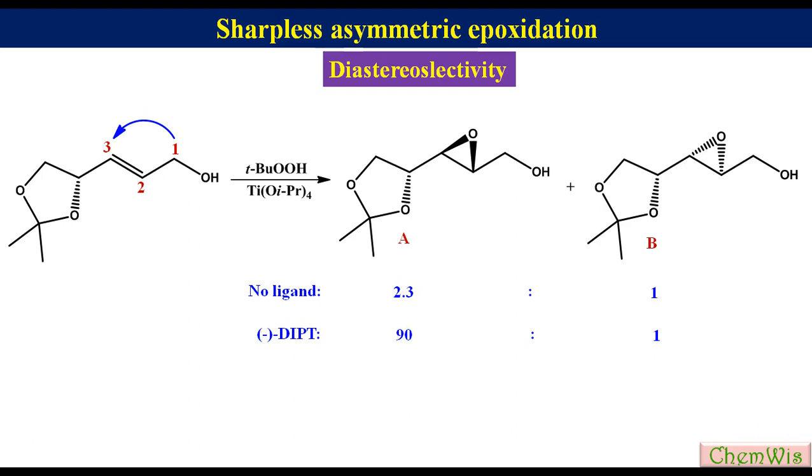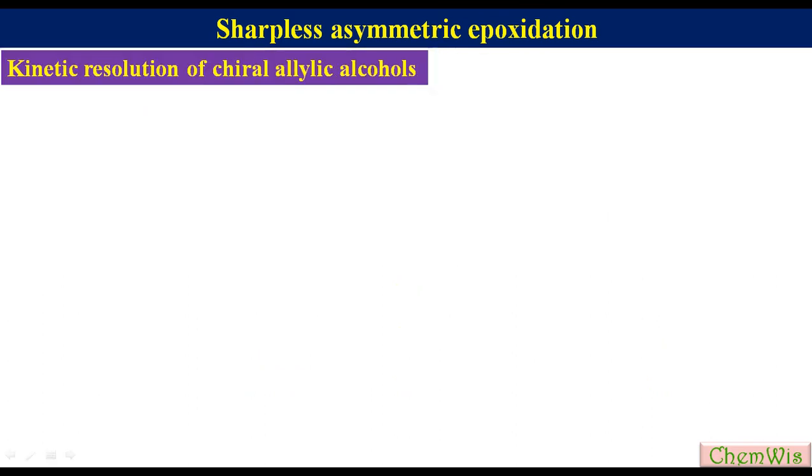In the presence of plus DIPT, steric factor favors top face attack while ligand factor favors bottom face attack, but ligand factor overrides the steric factor, so we get selectivity in this case too, but it is less. So we get A to B as 1:22.